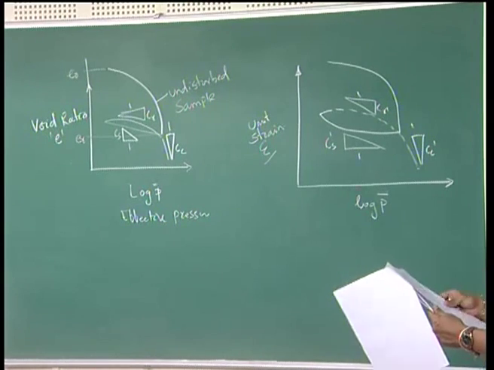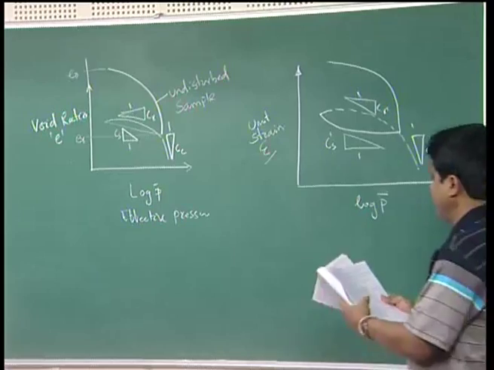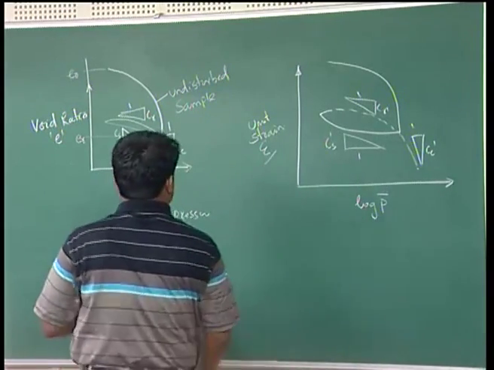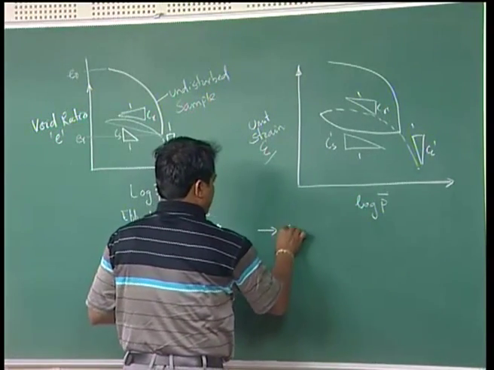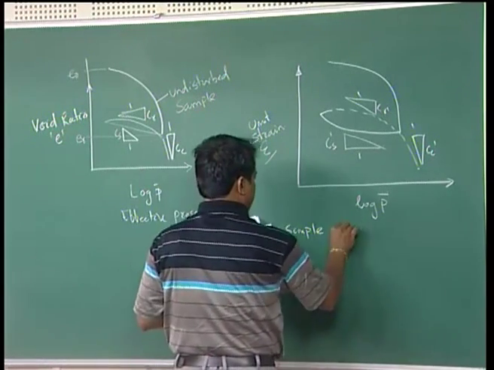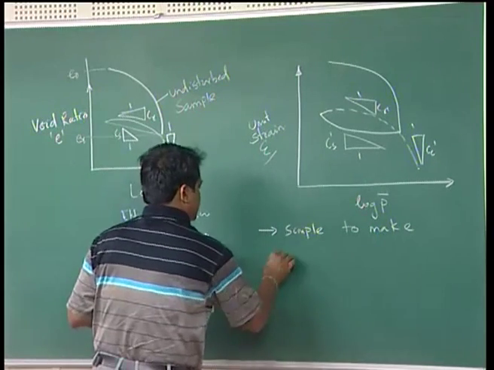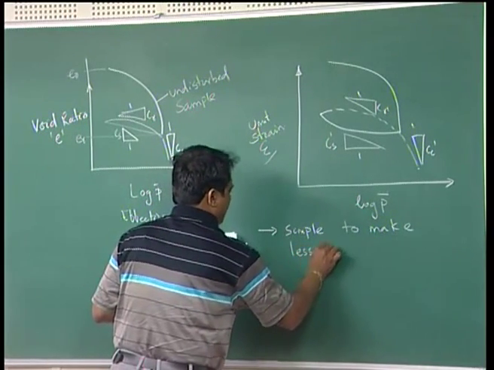There is an advantage if you plot unit strain versus log P. It is always convenient, simpler, and has less computational error.